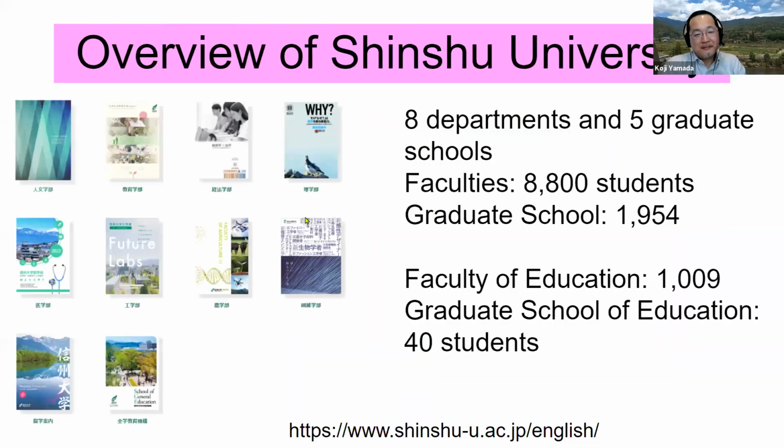Next, my university's basic data: 5 departments and 5 graduate schools, about 9,000 students and about 2,000 graduate students. My Faculty of Education has about 2,000 students, and the graduate school of education has 40 students.